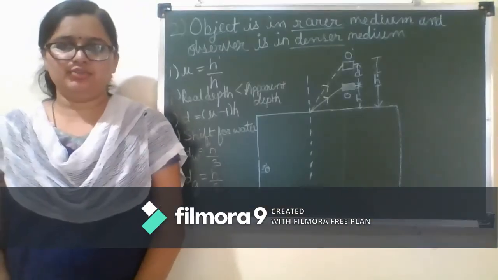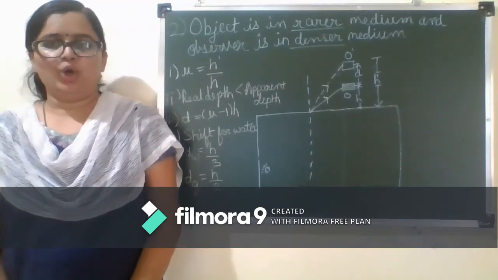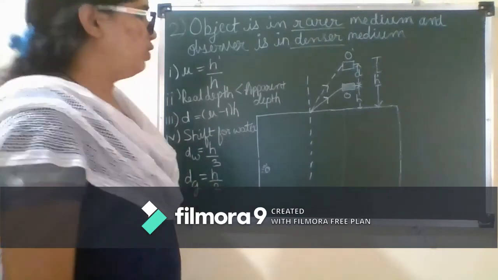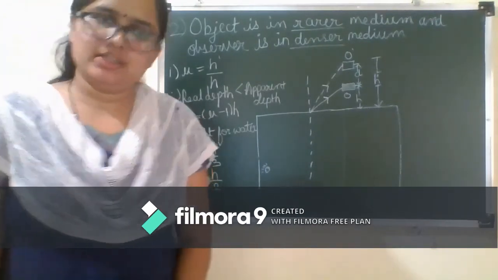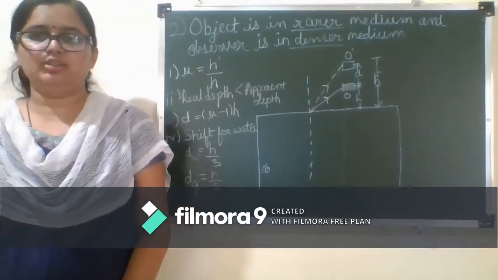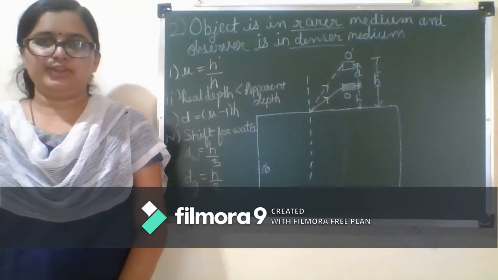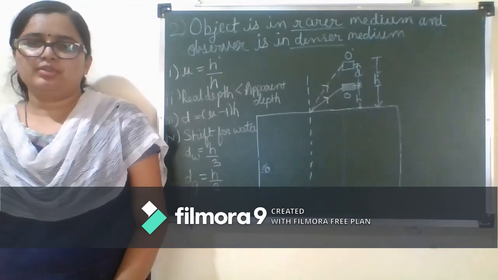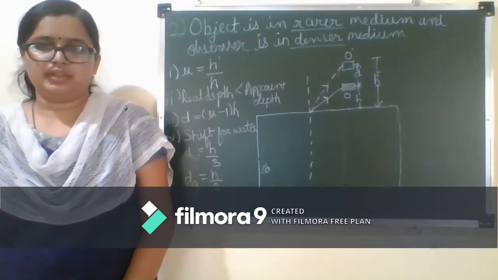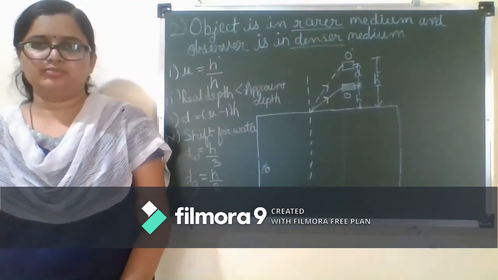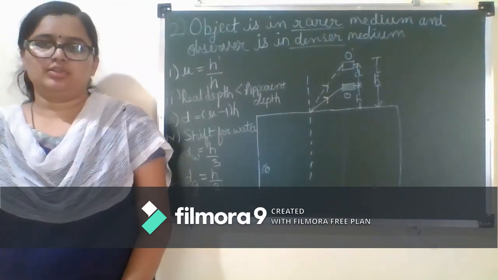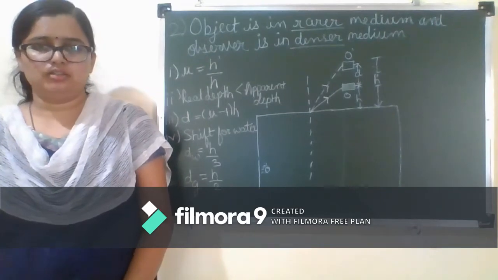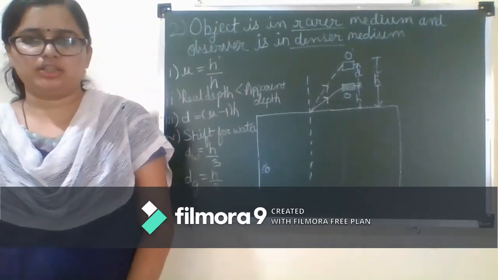In the previous lecture we saw that when the object was in a denser medium and the observer was in the rarer medium, which quantity is greater and the formula for that, for the depth.